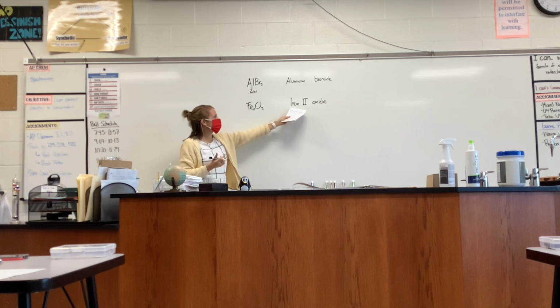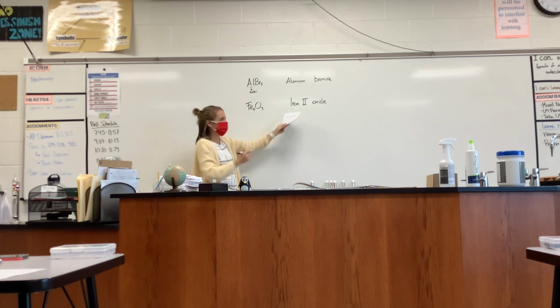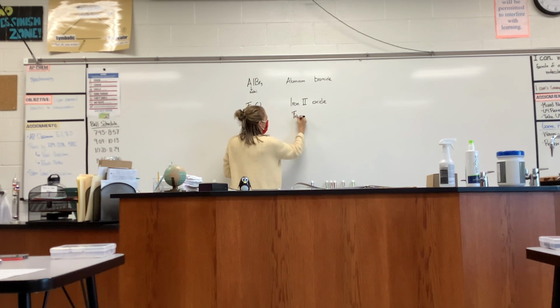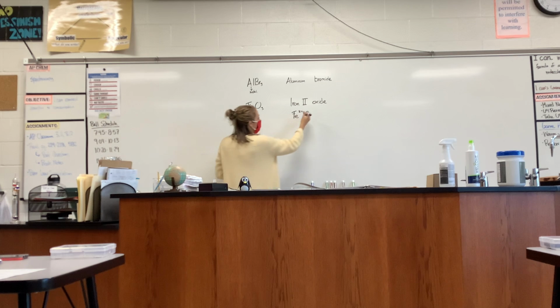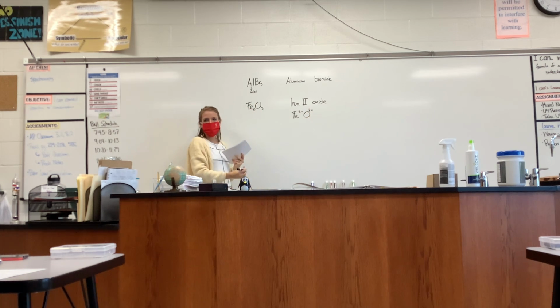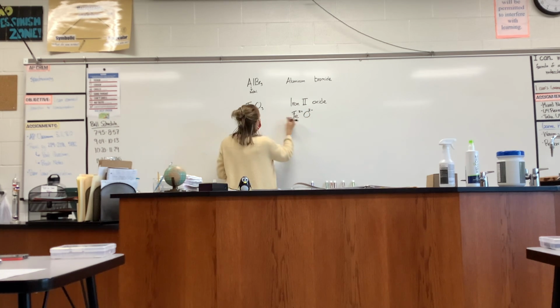Very good. So if this is the name, going back to what we just did, that means it's Fe2+. Oxide is oxygen, which has a 2- charge, and they cancel out. So the correct formula for this name would be FeO.